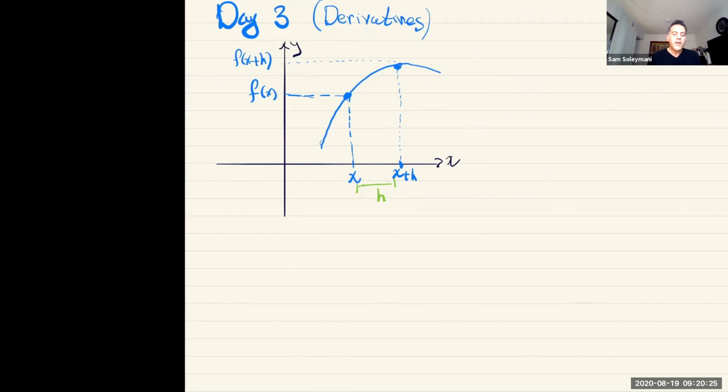And we are interested in the slope of the line through these 2 points. Does anybody know what this line is called? Tangent line? No, not tangent.